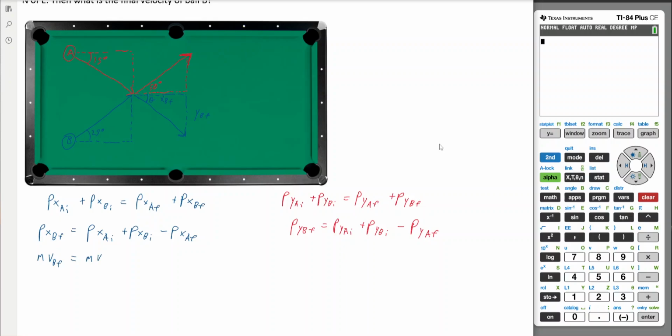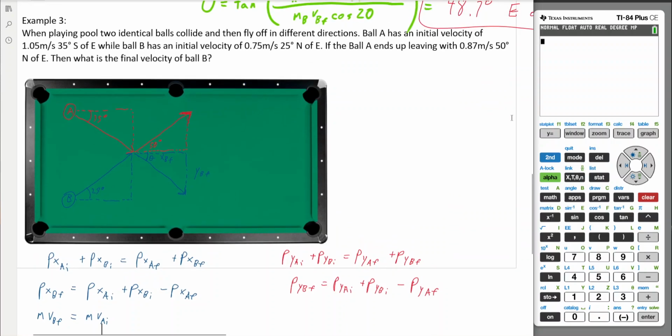Instead of just doing V_A directly, we actually need to now start considering the cosine and sine functions. So in the x direction we use cos and in the y direction we use sine.